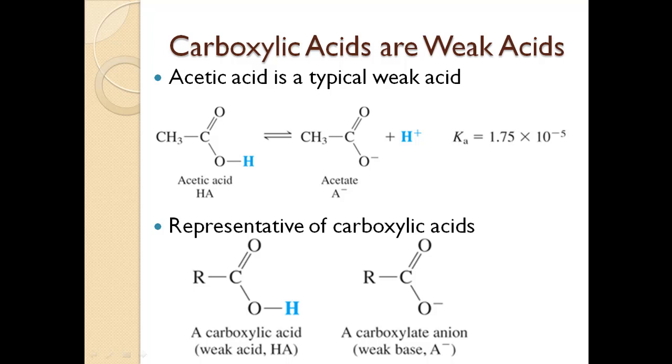So now we know the constants for weak bases and weak acids, the acid dissociation and the base hydrolysis. You're going to have to start recognizing functional groups that make weak acids and weak bases. Carboxylic acids, for example. Here I'm showing you acetic acid and its conjugate base, the acetate ion, and the acid dissociation constant for it. In case you didn't know what the functional group of a carboxylic acid looks like, there it is. It's a COOH. R, remember, just means a remaining group in the molecule.